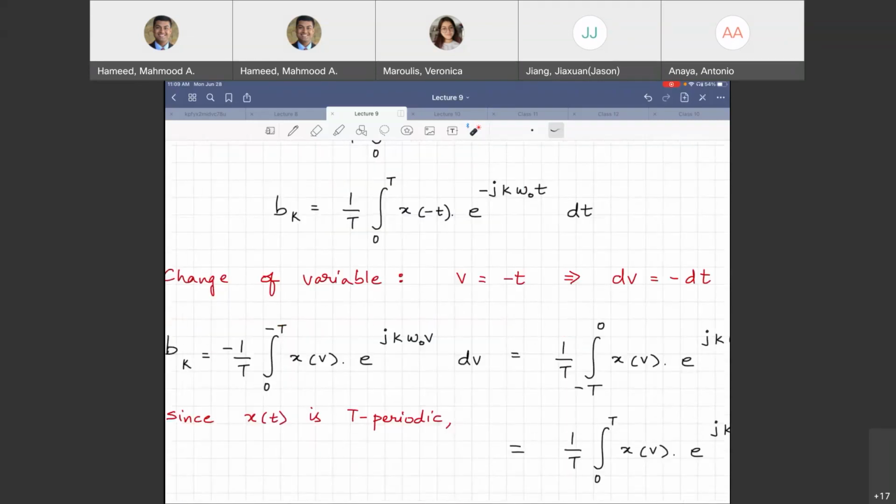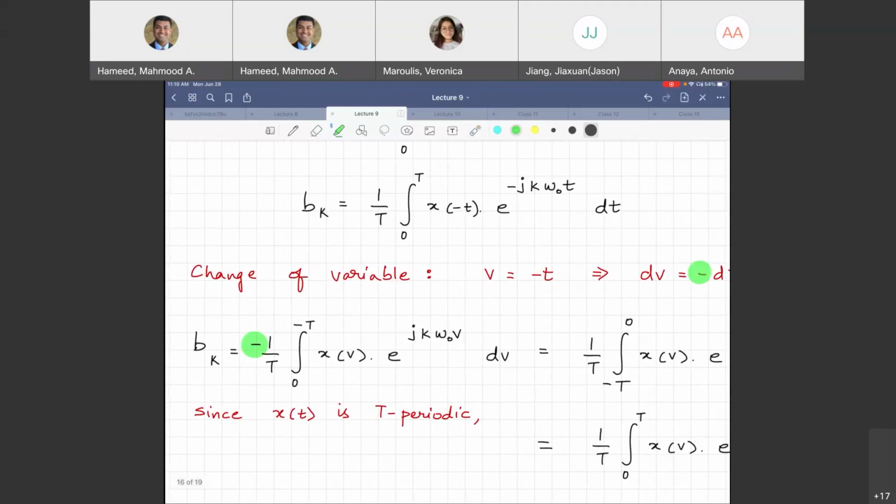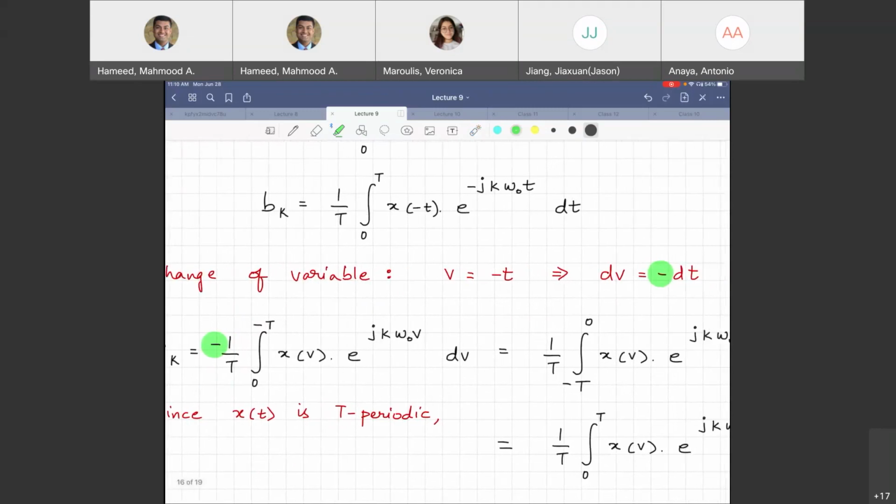Put all of those in b_k, what do you get? Negative 1 over T. This negative is because dv is negative dt. The upper limit changed from T to negative T because of this minus. The 0 remained as is because you're just multiplying it by a minus sign. This became x of v, e to the j k omega naught v dv. Do some manipulation here.